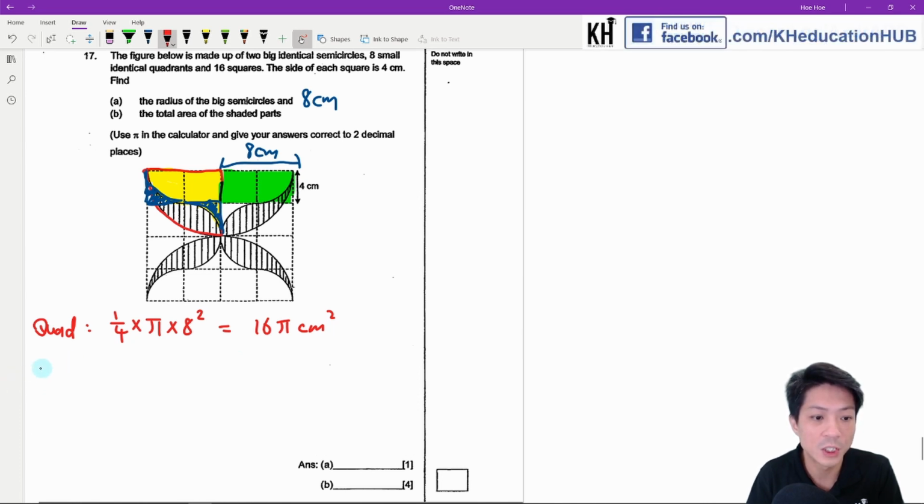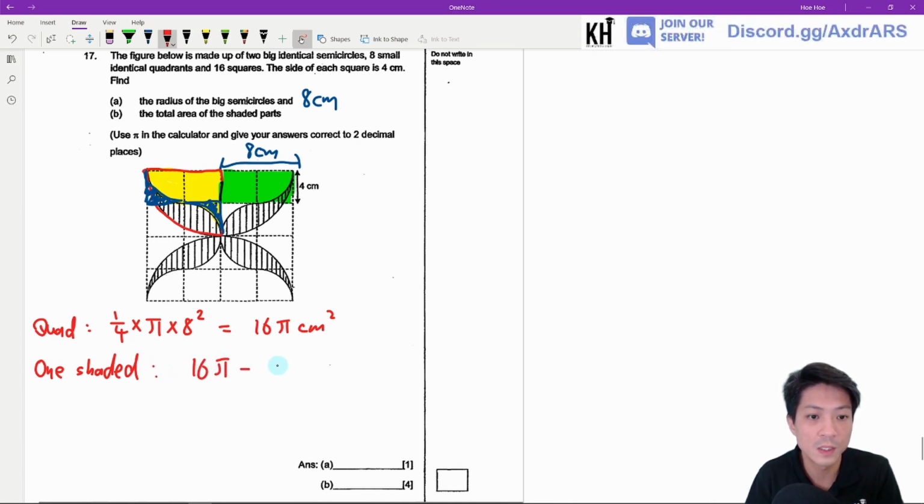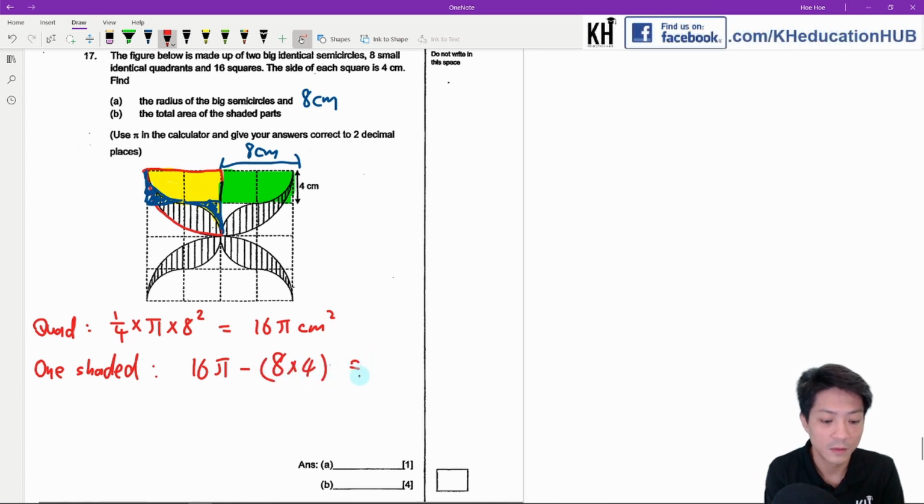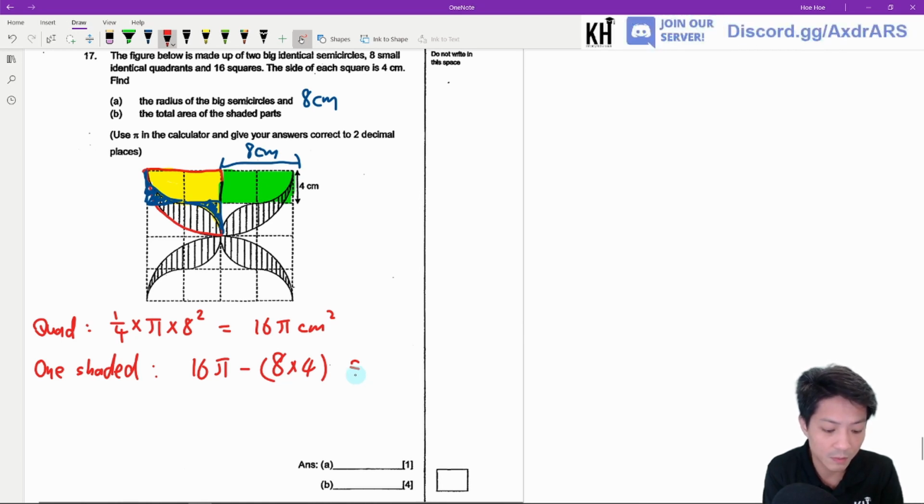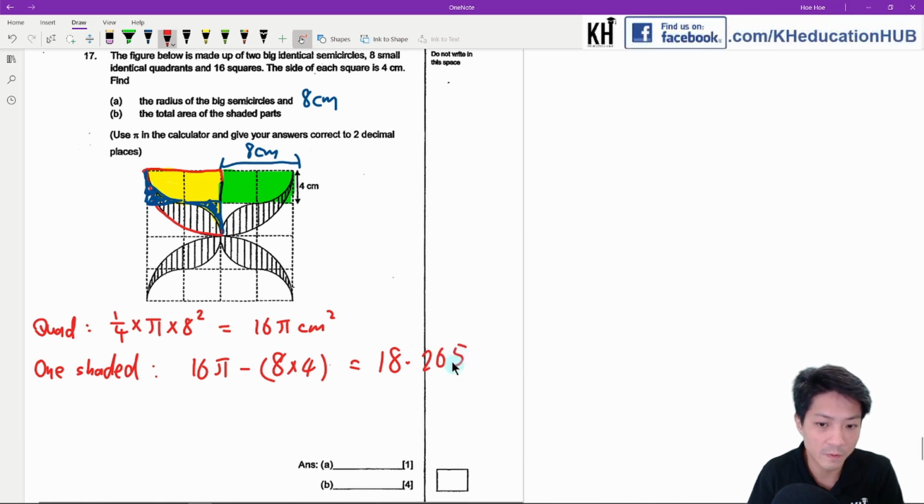So one shaded part is equal to 16 pi minus away the area of the 2 squares, which will be 8 times 4. Looks like I need to work out the actual number. Minus away 32 is gonna be 18.2654 8246.